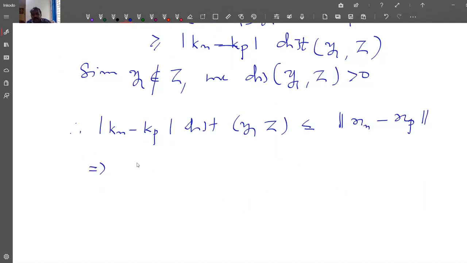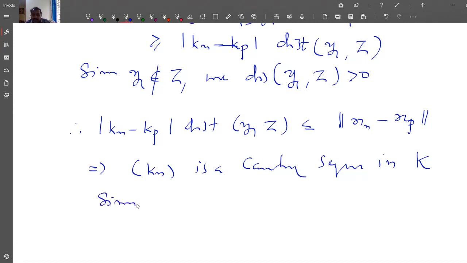So this implies k_n is a Cauchy sequence in K. And since K is complete, k_n converges to some k in K.